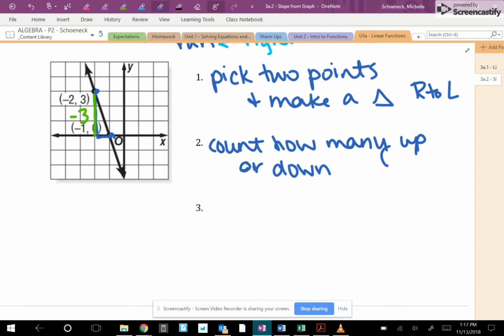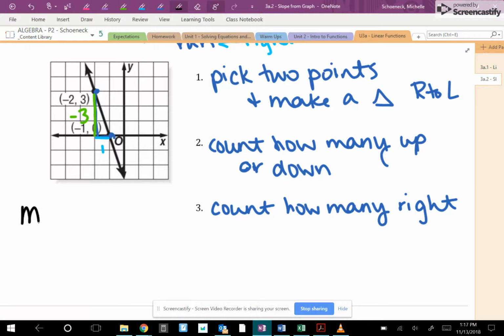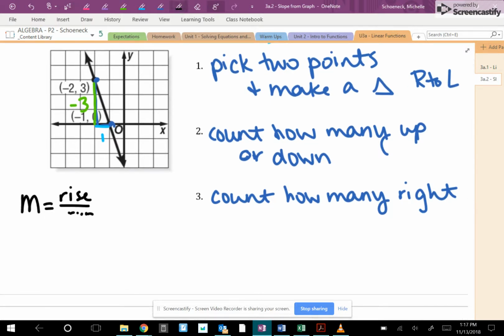My next step is I'm going to count how many to the right. It's always going to be to the right. So I look and I went 1 to the right. My slope is the rise over the run, and here it's equal to -3 over 1.